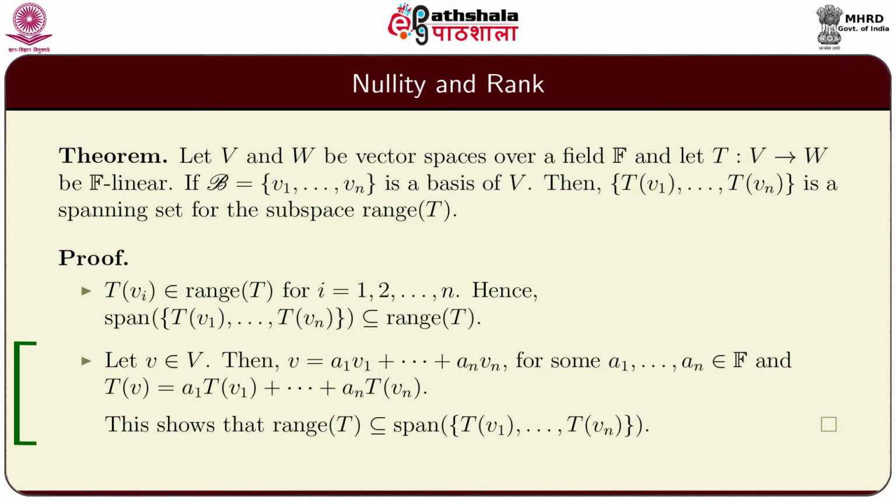This is because of the linearity of the map T. The expression on the right hand side of the equality is a linear combination of the vectors T v1 and so on up to T vn, which belongs to the span of the set {T v1, ..., T vn}. Therefore, range of T is contained in the span of T v1 and so on up to T vn.